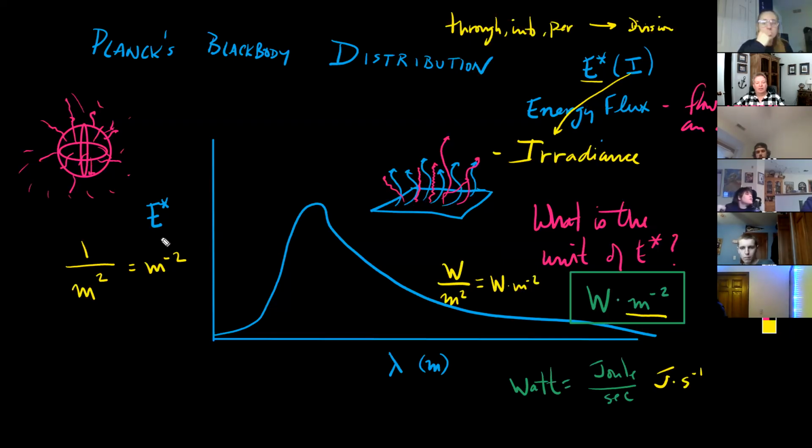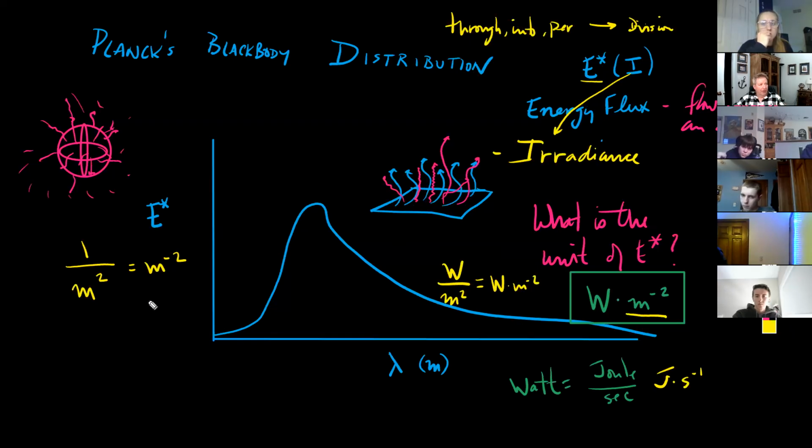But that's what the left axis, the vertical axis, is going to be. Irradiance. So look this word up, irradiance, and tell me what it says online in a web search. What do you have?